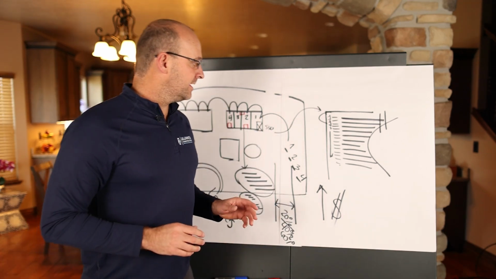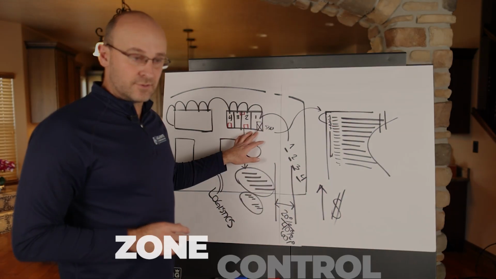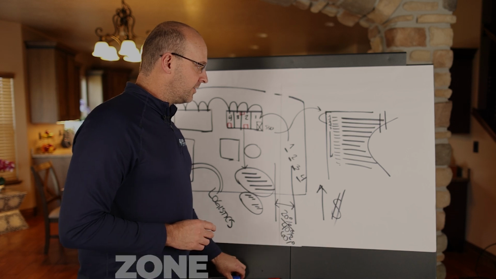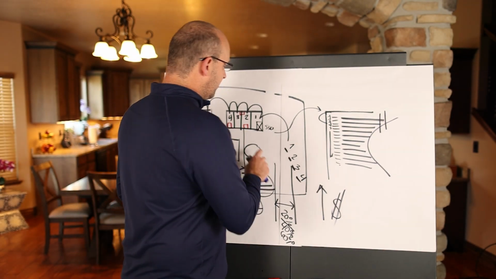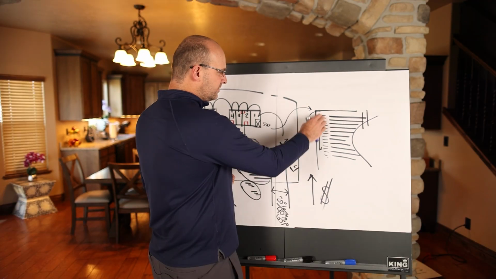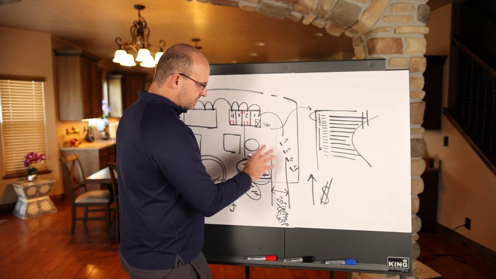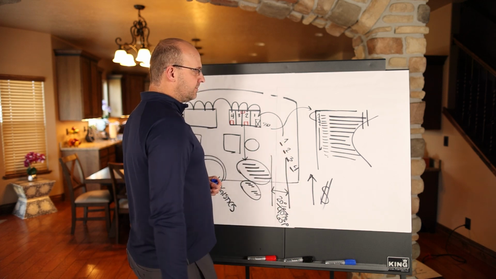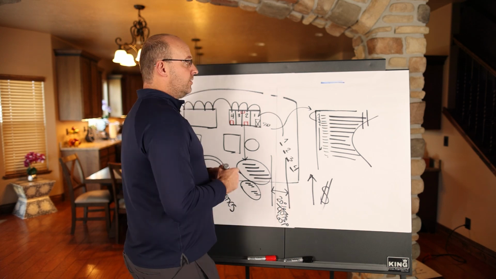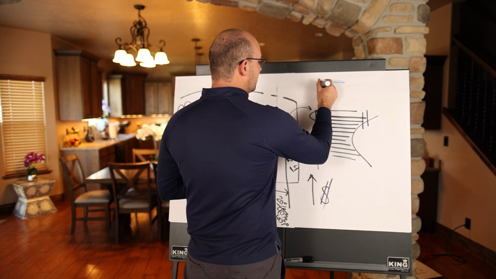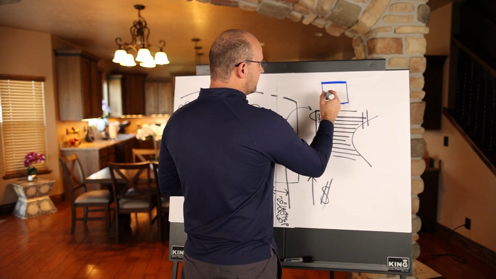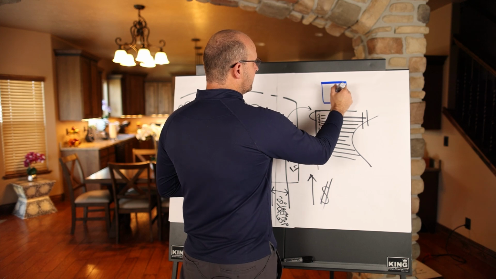Now, when you implement in the field, we have this concept called zone control, and I'm going to draw this out for you, which means that there are handoffs from zone to zone. Once you have the right number of zones, once you've leveled your trades, once you've scheduled everything out and gained that 20%, you'll have some buffer here. The way that you maintain that flow is you have your trade partners working in the zone, jamming out.